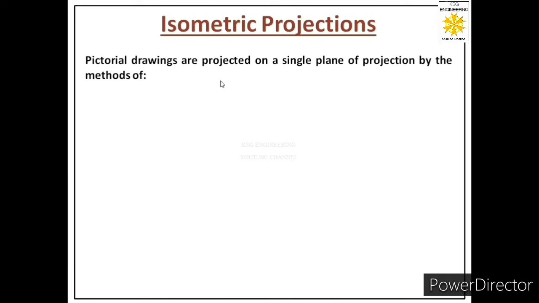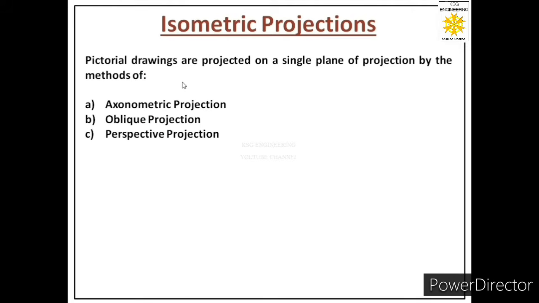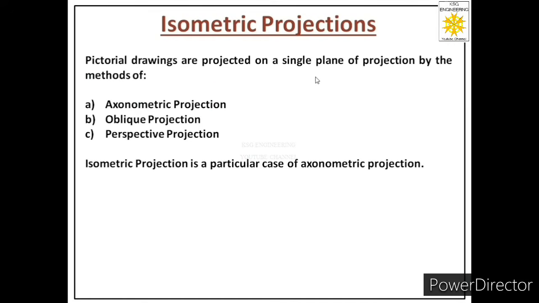Pictorial drawings are projected on a single plane of projection by the methods of axonometric projection, oblique projection, and perspective projection. So we have three methods which we can use in order to draw one plane drawings on a single plane. And in this lecture we are discussing about isometric projections, and isometric projection is a particular case of axonometric projection.